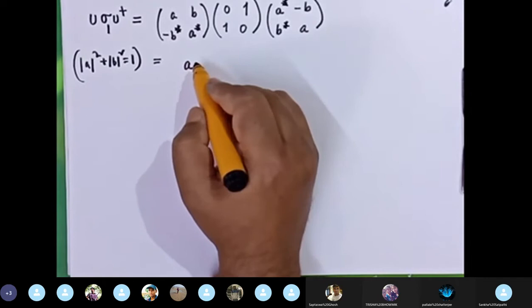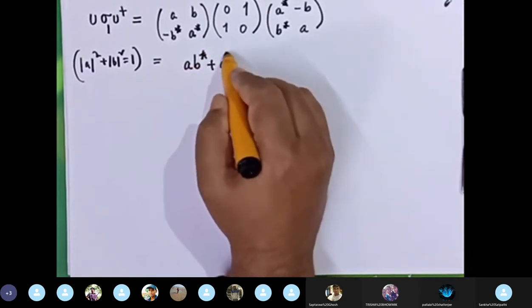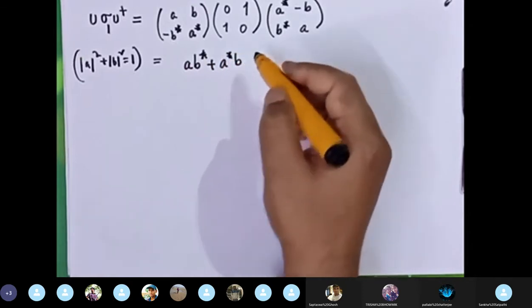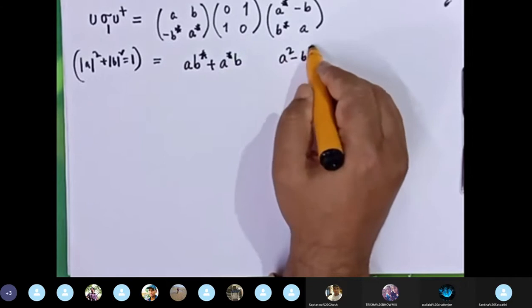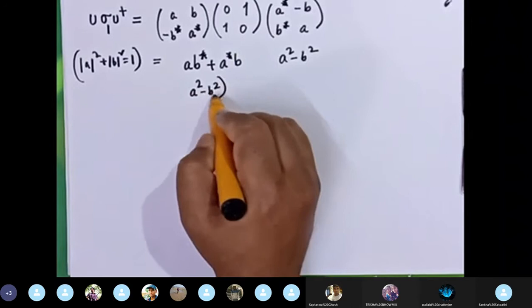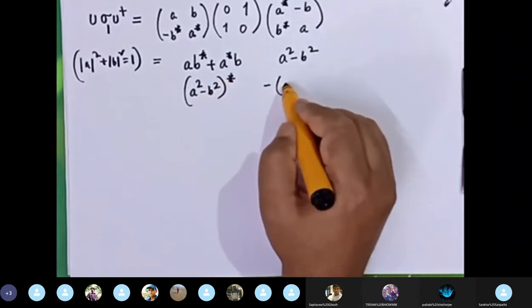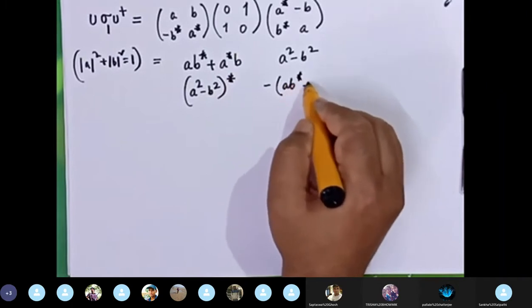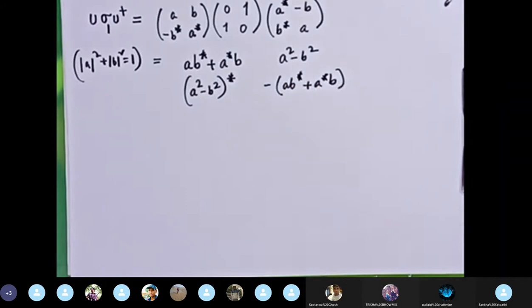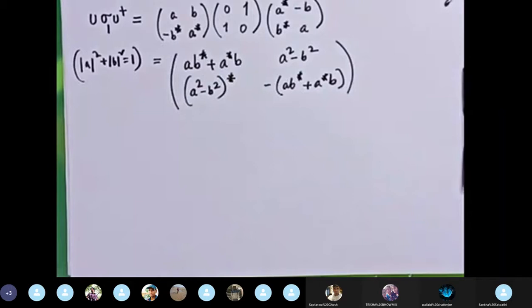So there's A B star plus A star B, A square minus B square, A square minus B square star, minus A B star plus A star B. Okay? If you multiply this, you will get this.